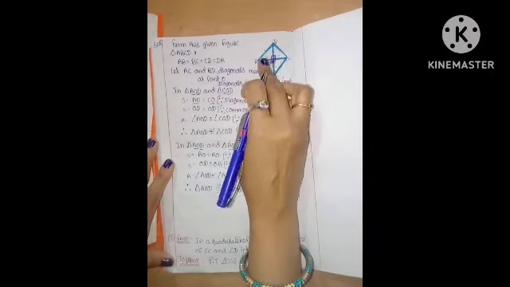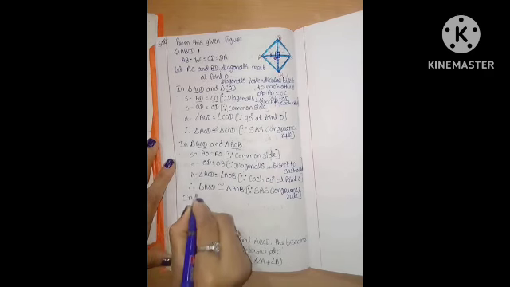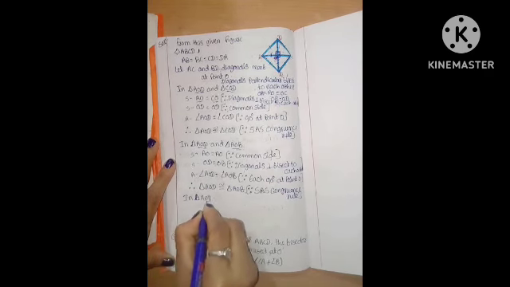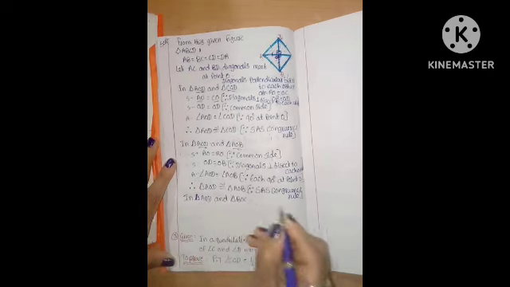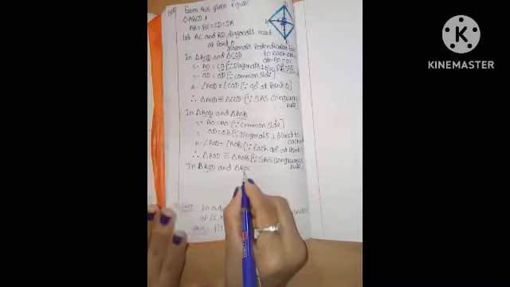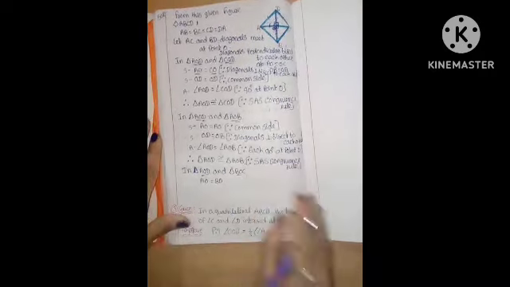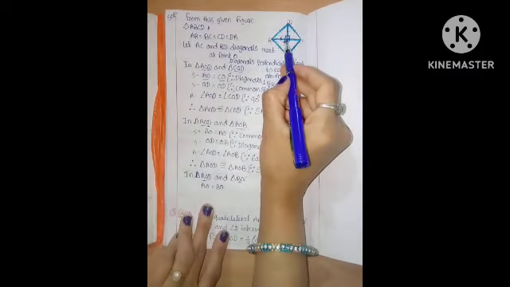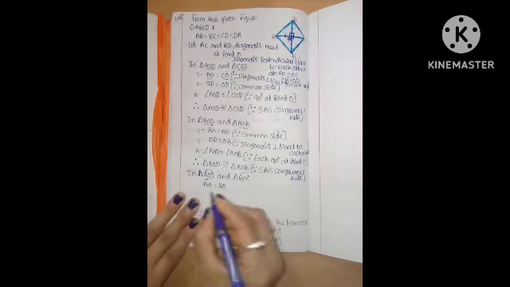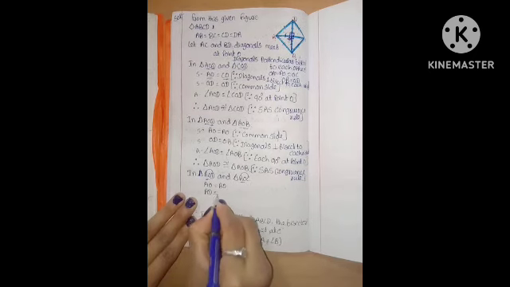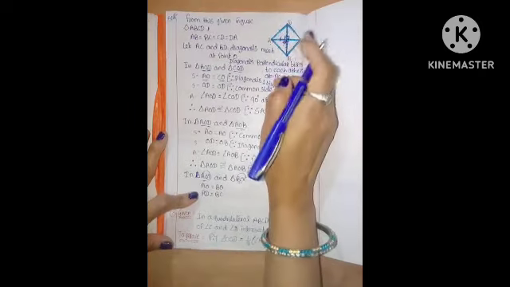Let us take these two triangles, AOD and BOC. In triangle AOD and triangle BOC, AO is equal to BO. Another side, AD is equal to BC.